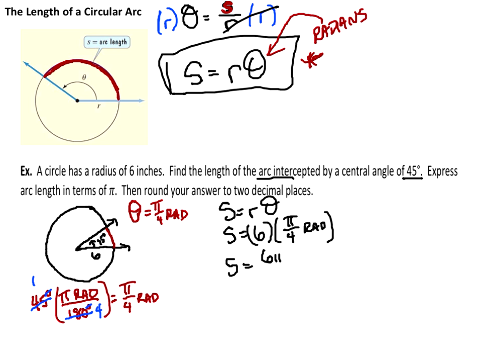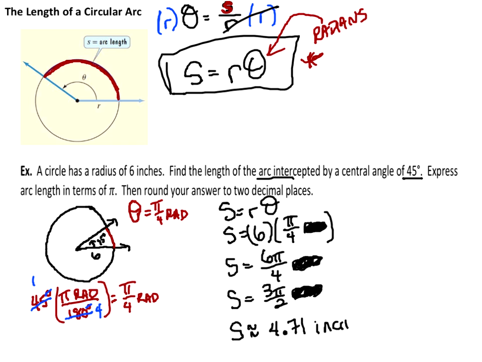That gives me 6 pi over 4, which is equivalent to 3 pi over 2. I'm sorry, we're not talking about radians here. We're talking about inches at this point because we're talking about length. My bad. So when I put this into my calculator, I get that S is approximately 4.71 inches.